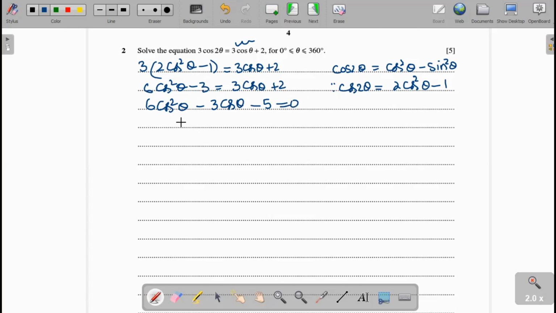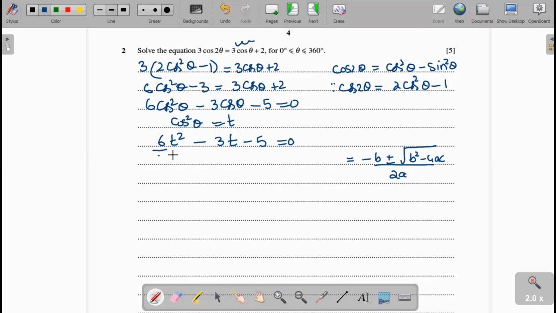Now we substitute cos theta equal to t, and that equation becomes 6t square minus 3t minus 5 equal to 0. And this is the quadratic equation in terms of t. Now we use the quadratic formula, that is equal to minus b plus minus square root of b square minus 4ac over 2 times a.